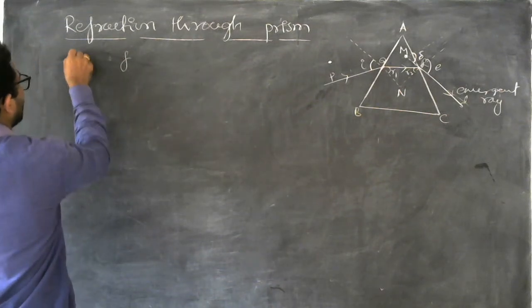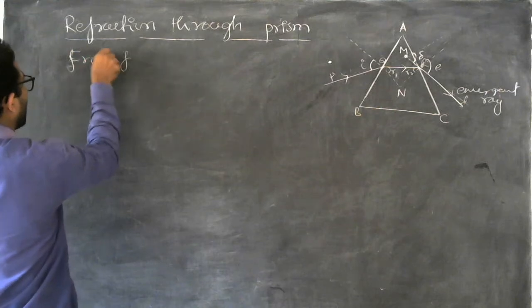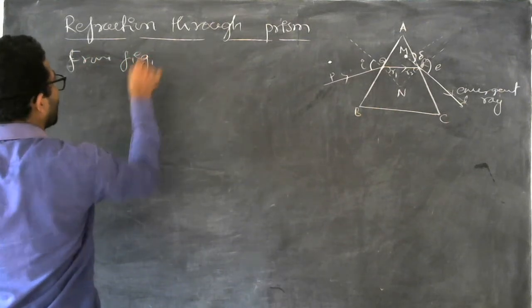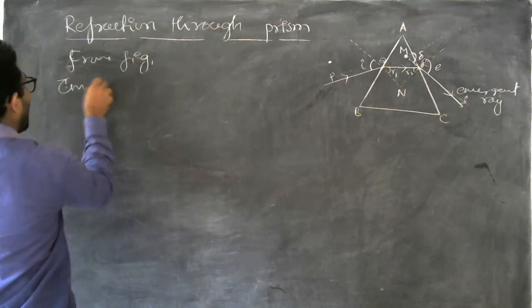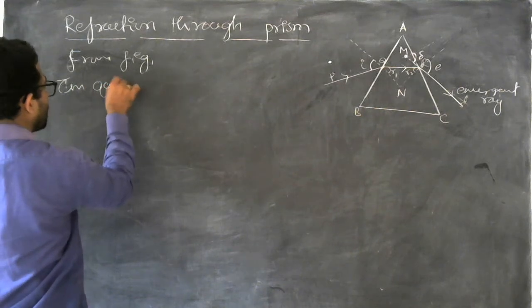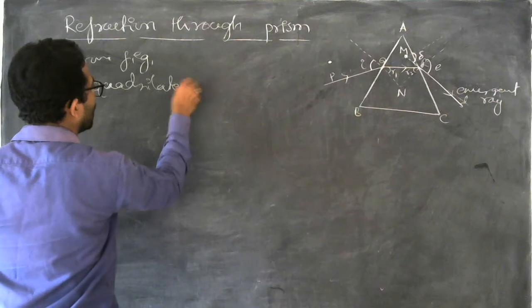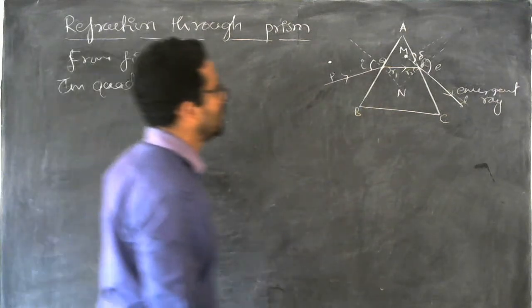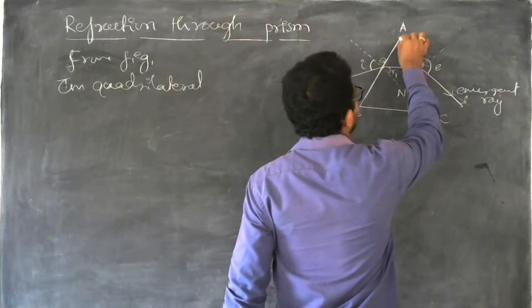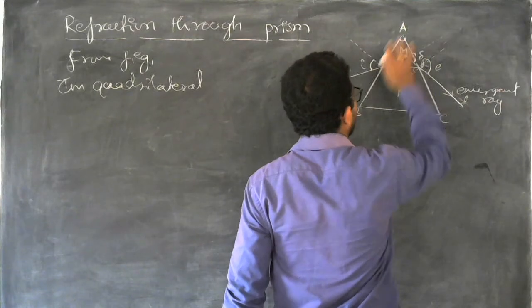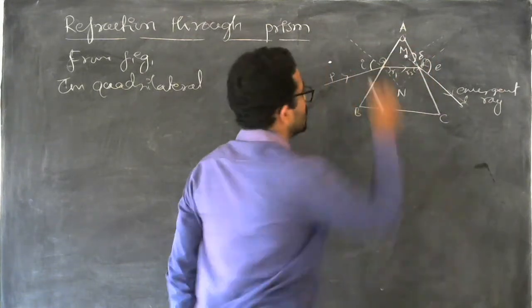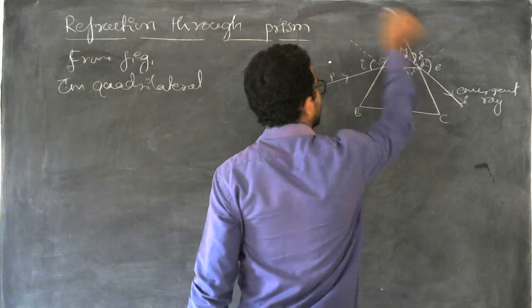In the figure, in the quadrilateral, this is angle A, Q, N, R. So this is a quadrilateral, and consider it.